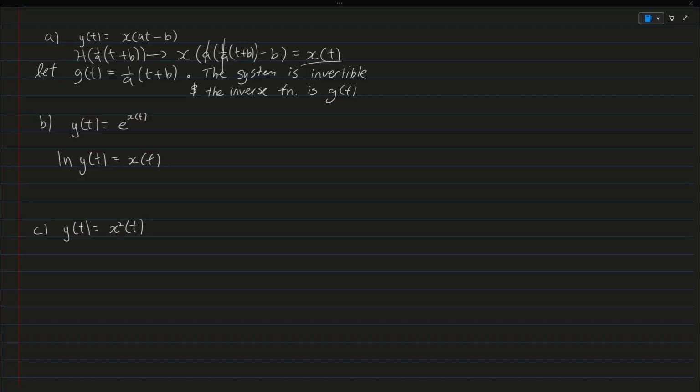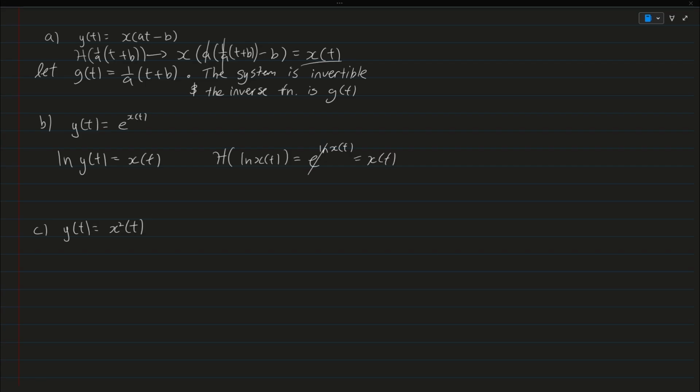You could tell because if you plug ln of y of t into the system, what do we get? You get e to the ln x of t. Sorry, it should be x of t here. Now this gives us x of t.